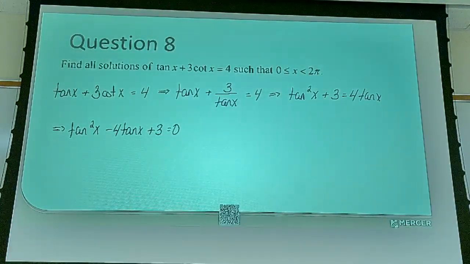Let's use a new variable this time. I'm sick of using w.